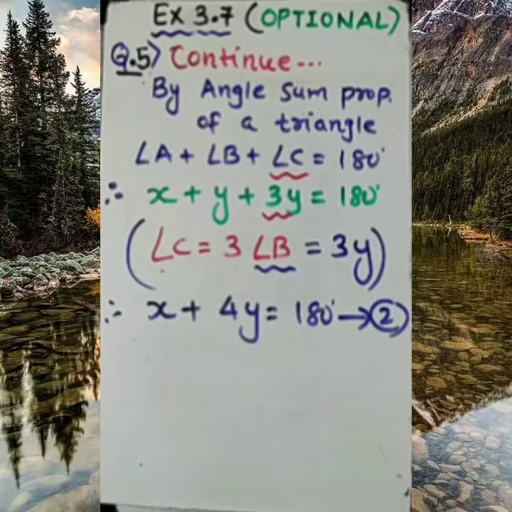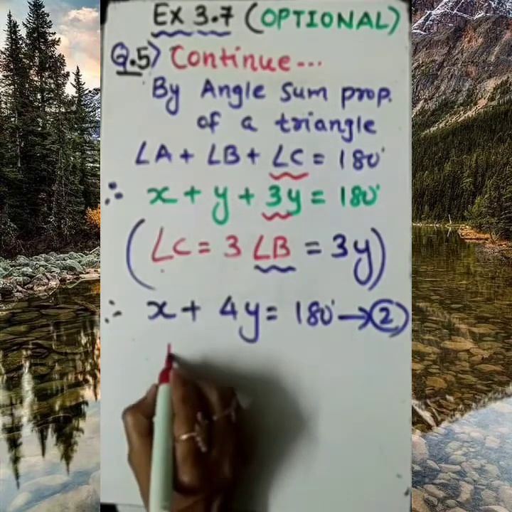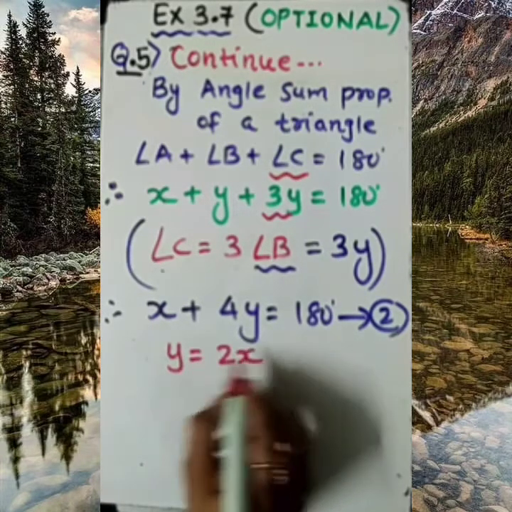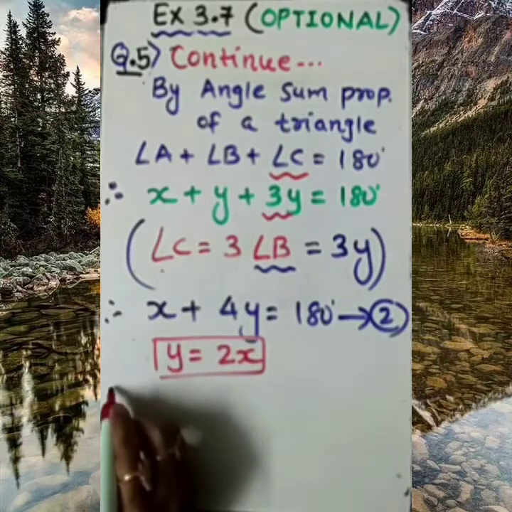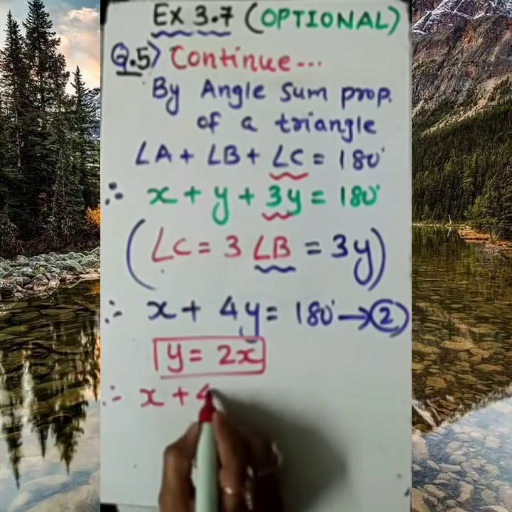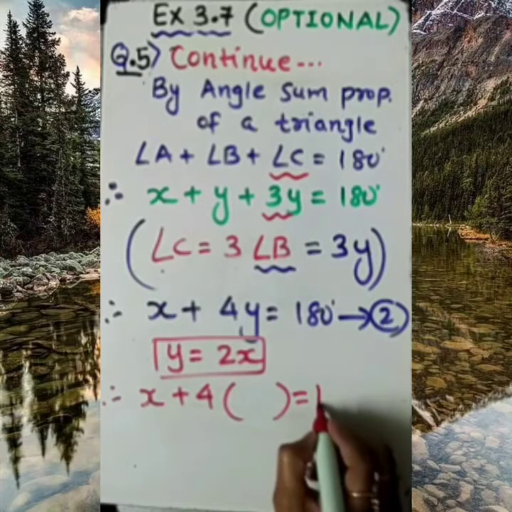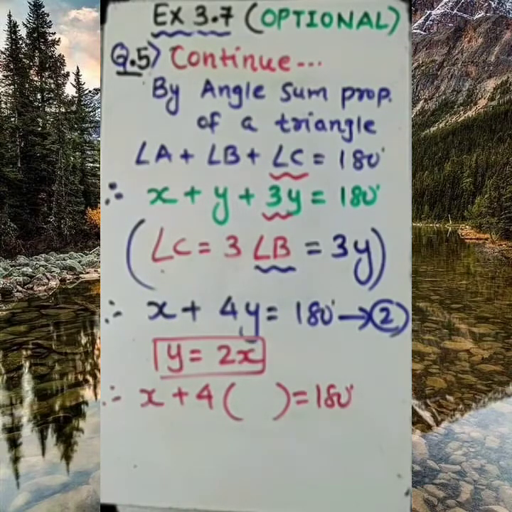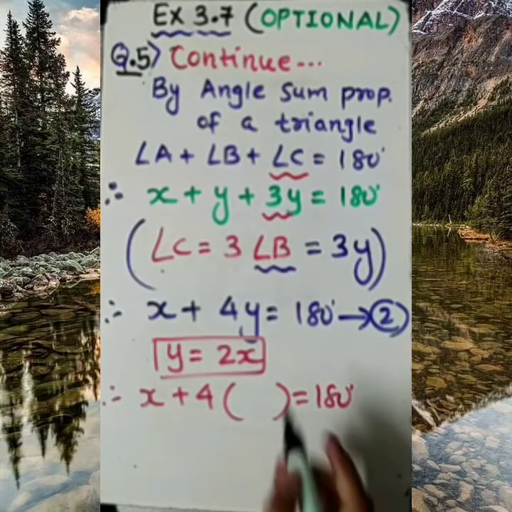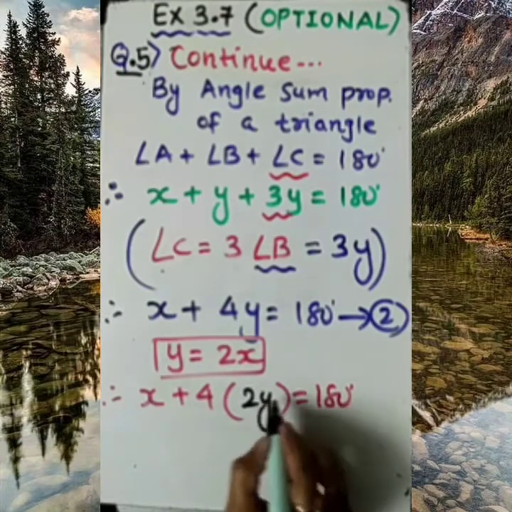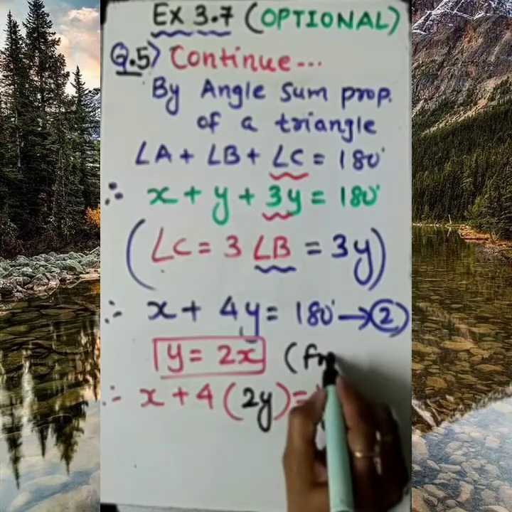But what is the value we got in the first equation? If you remember nicely, we know y equals 2x. So I am going to put this value in place of y here, from equation 1.